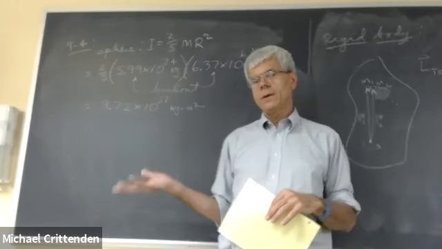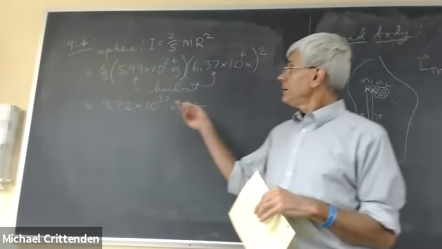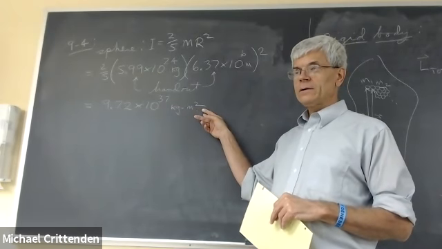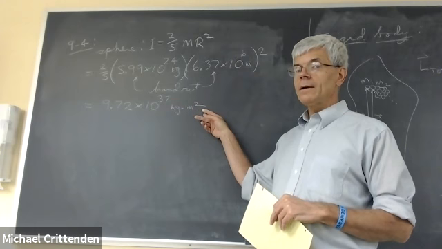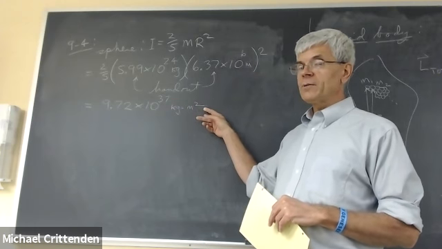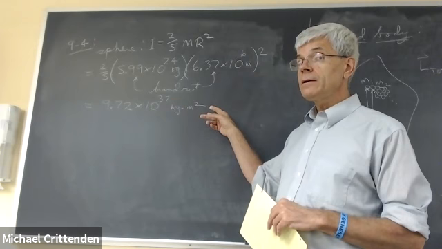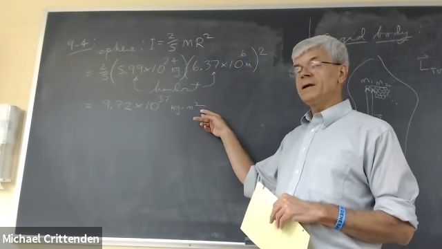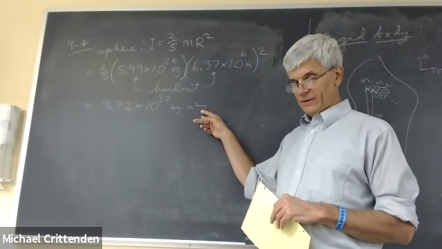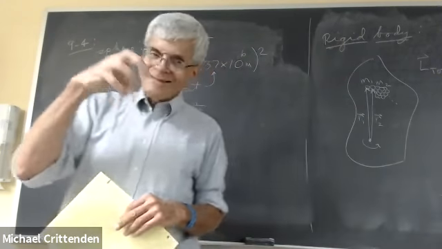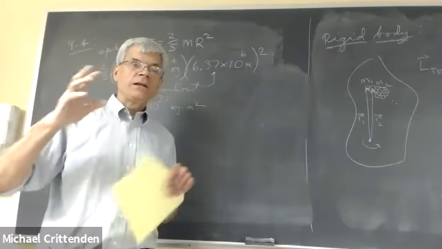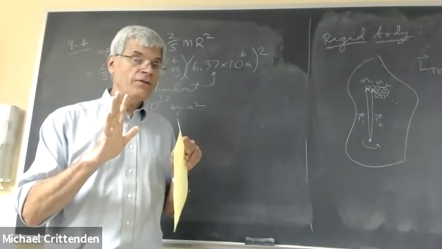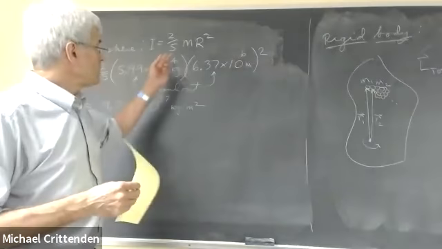And so what do you think? Is this a little too high or a little too low? And I'll give you a couple of seconds to form an opinion. The true moment of inertia would be a little bit less than this, because being denser in the middle means that a little more of the mass is a little closer to the center than we assumed.